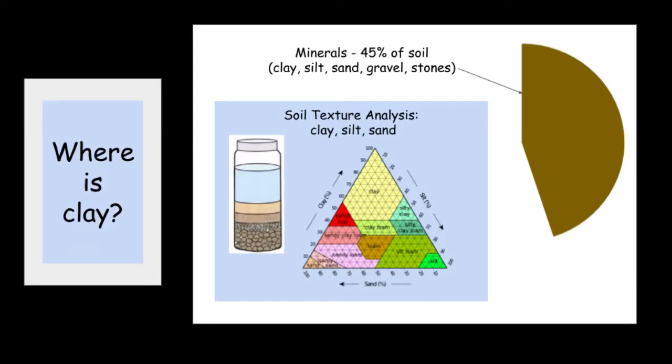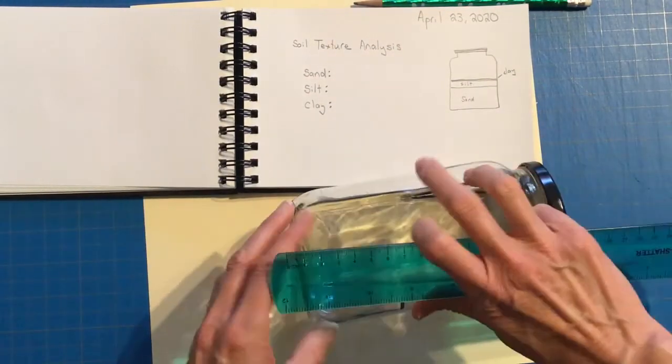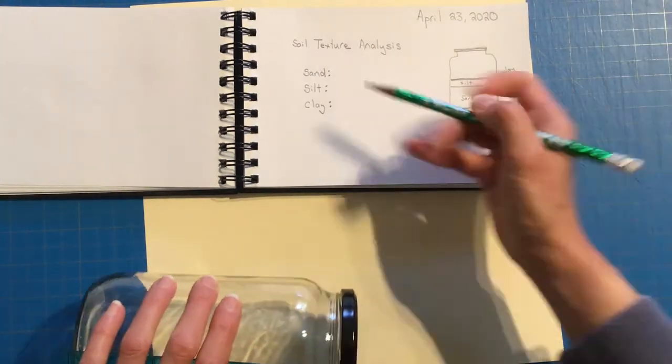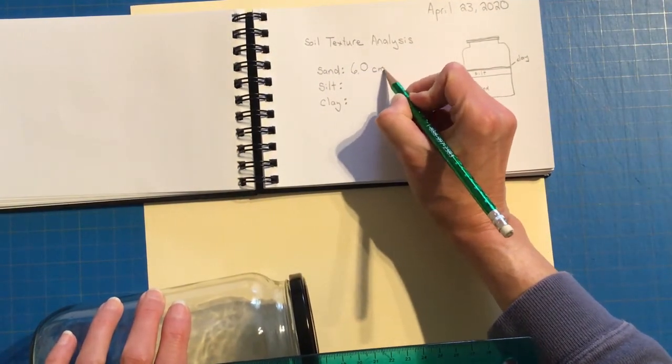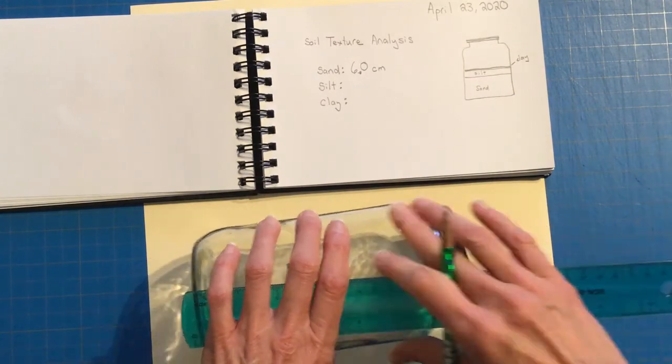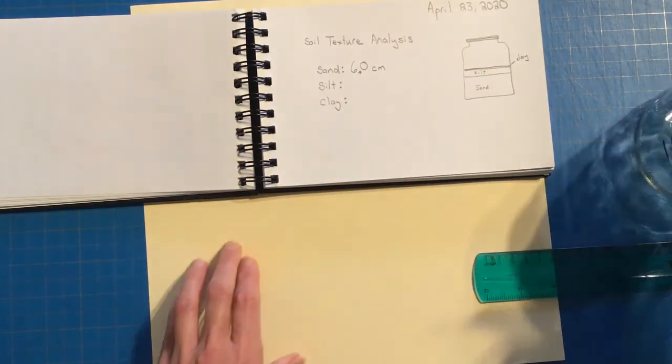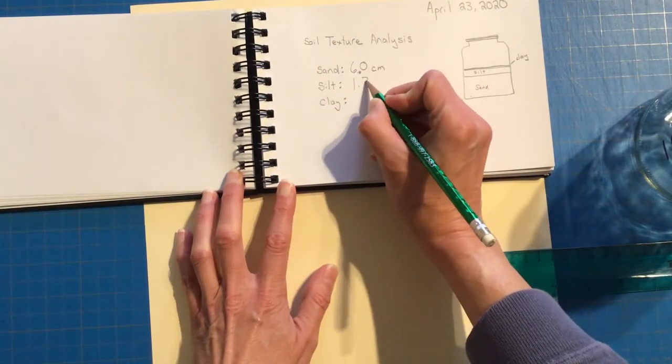I will demonstrate how to determine the percentages of clay, silt, and sand in your soil. I dump the soil and water after marking the levels on my jar. Notice I only have 2 levels marked. That's because I did not have a layer of clay in my soil.